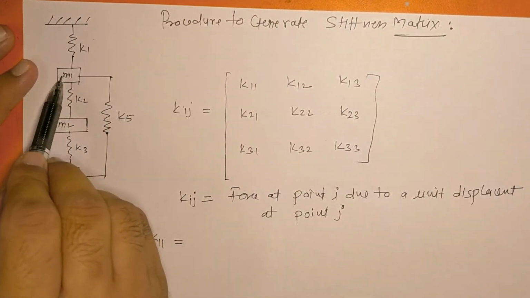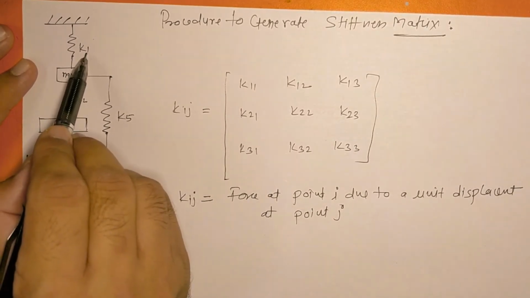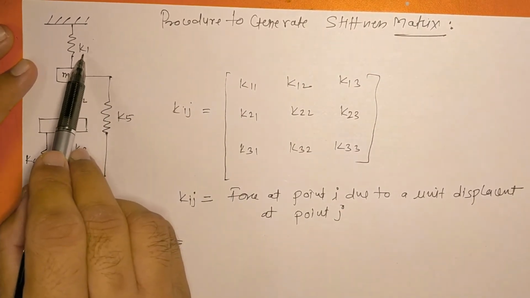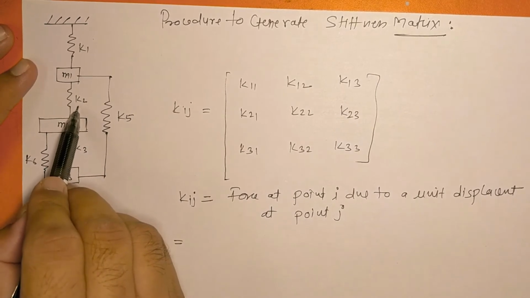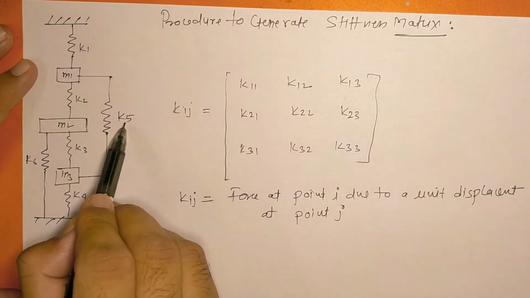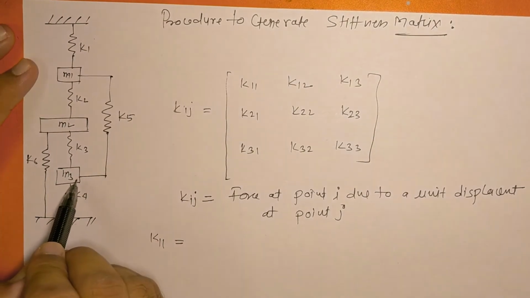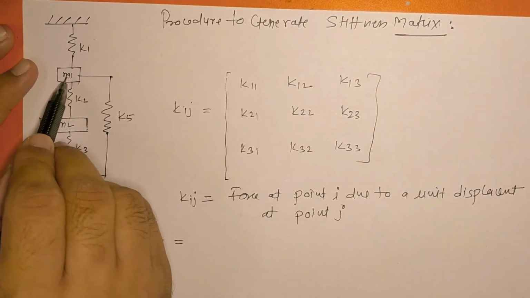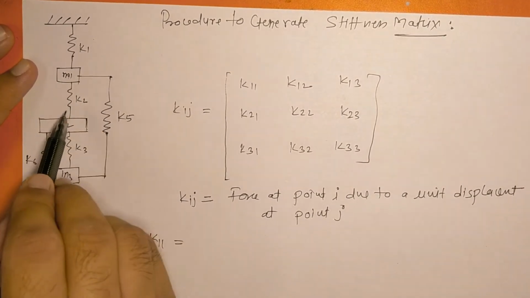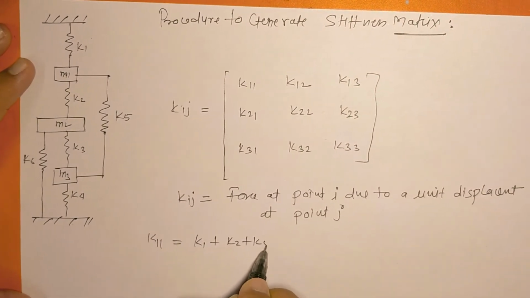So K1 will exert a force K1 into x, where x is unit, so the force is K1, and K2 will exert a force in this direction because m2 is fixed, and similarly K5 will exert a force K5 in the same direction because m3 is fixed. So the total force on m1, or point 1, because of unit displacement at 1 is K1 plus K2 plus K5.